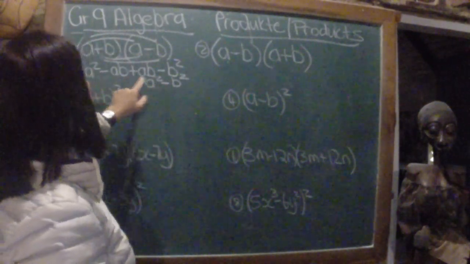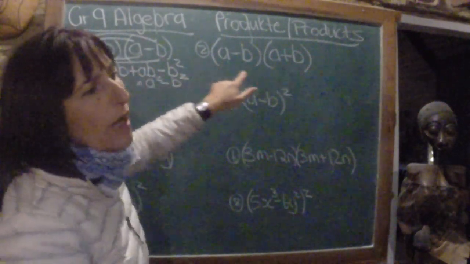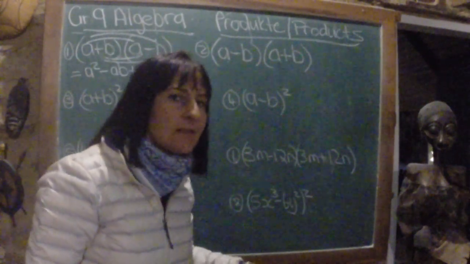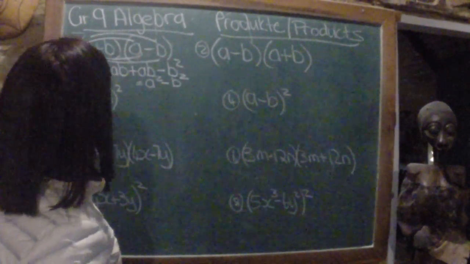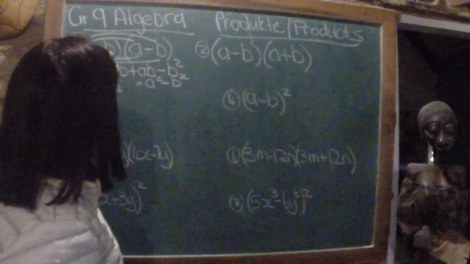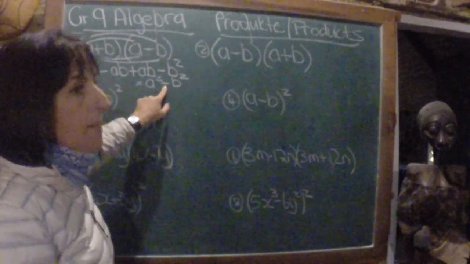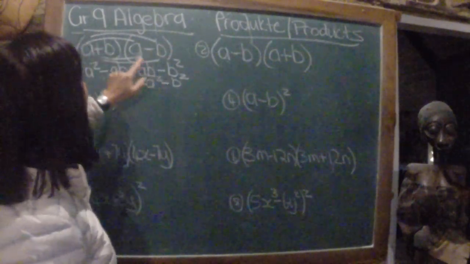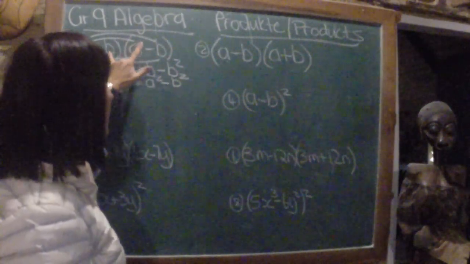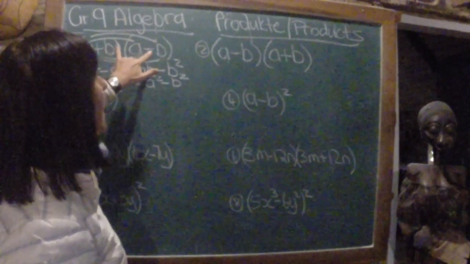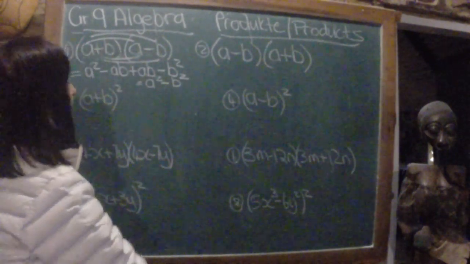So then it's not necessary to do the FOIL or the EBA, the long method. Then you can simply square the first one, square the B, and put a minus in between. But make sure that it's A, B, a plus in the one, a minus in the other one.